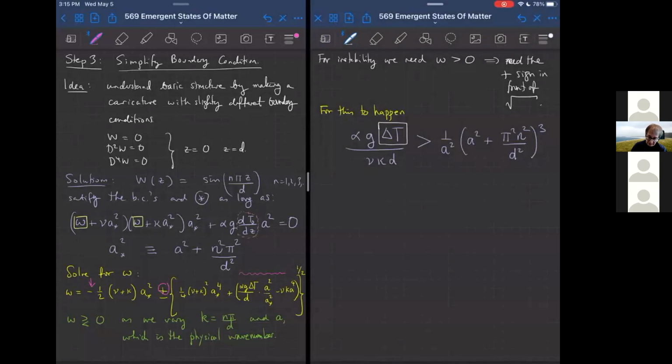So the smallest value for delta T to give you an instability is when the right-hand side has its minimum value.